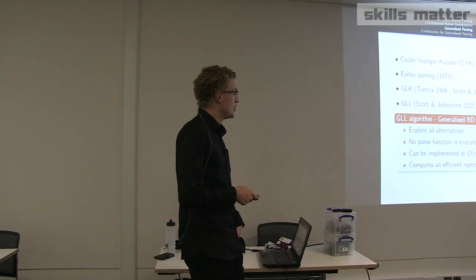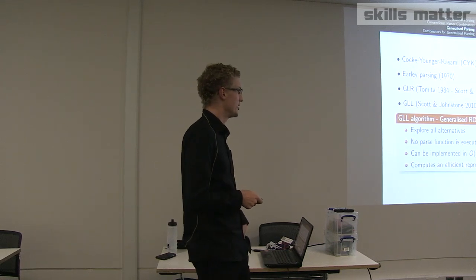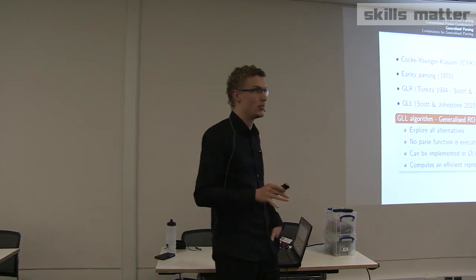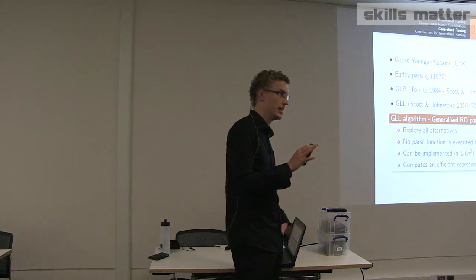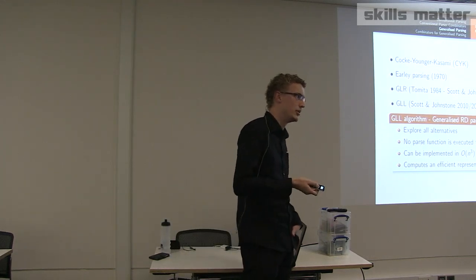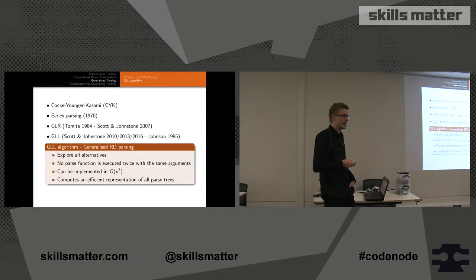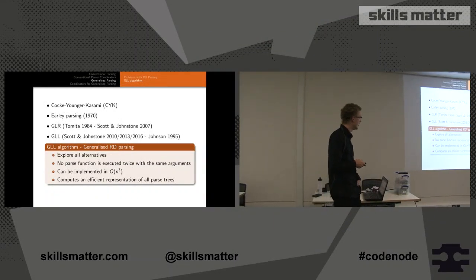And the idea is it computes an efficient representation of all parse trees, and I'm saying specifically an efficient representation of all parse trees rather than all parse trees, because of course there could be actually infinitely many parse trees or exponentially many, and if we were to enumerate them all, then we would never have a cubic algorithm. So that's an interesting observation here.